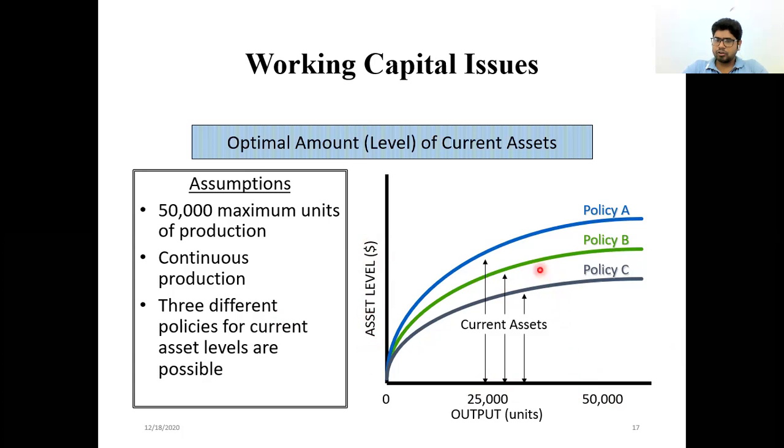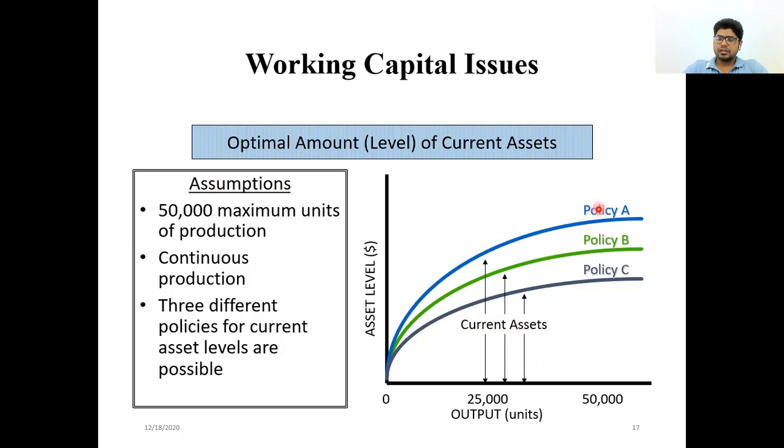Here you can observe there are three working capital policies. So on what basis is the policy determined? Simply, the policy is determined based on the amount of current assets.